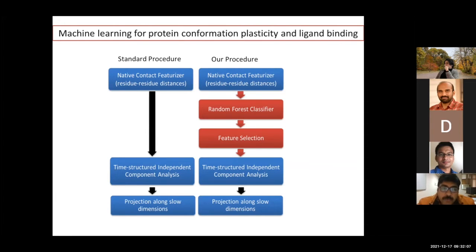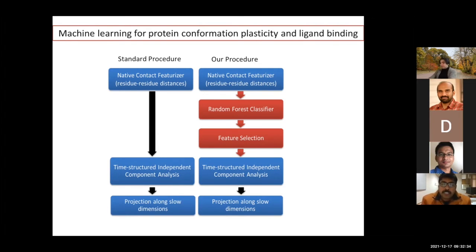In the standard procedure, we have residue distances as input CVs. We use a dimensionality reduction technique, time-structure independent component analysis, and project our trajectory on the slowest dimensions. In our procedure, instead of going directly from the input CVs to dimension reduction, we add another layer of supervised machine learning.